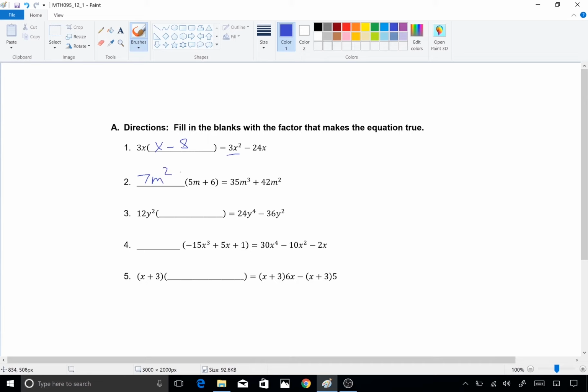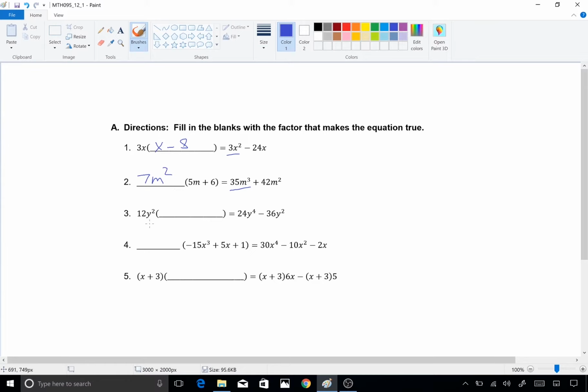What would happen? I get 35m cubed here, just like I wanted, and 6 times 7m squared is 42m squared, which is exactly what I want. The answer here is 7m squared.